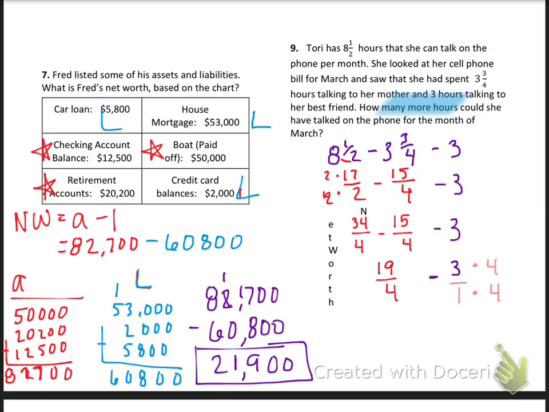So we have 3 times 4 is 12 over 4. And then we still have our 19 over 4. So when we subtract that, we get 7 over 4. 7 over 4 reduces down to 1 3/4. So that's how much more she has left to talk.